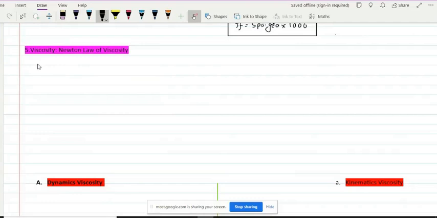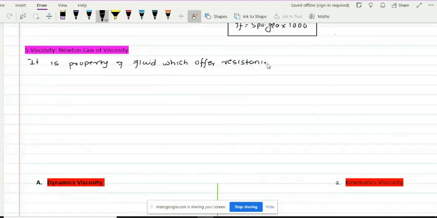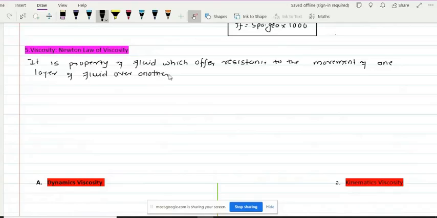It is a property of fluid which offers resistance to the movement of one layer of the fluid over another adjacent layer of fluid, and it is called viscosity.